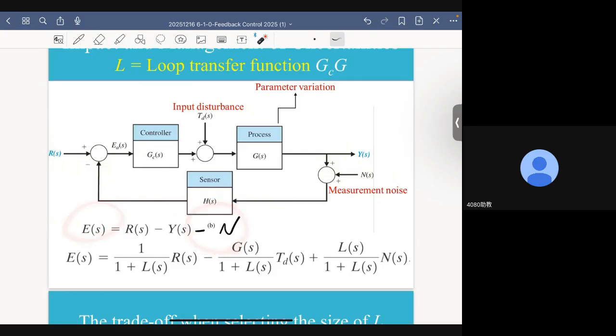Okay, remember, our feedback control system is error driven. By increasing L, the controller will produce stronger, larger corrective action to try to minimize the output error. But such a strategy will backfire if this error is inaccurate, right?